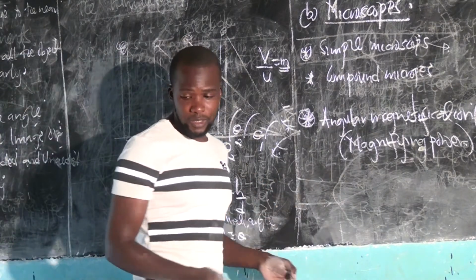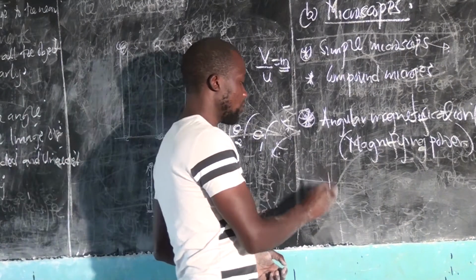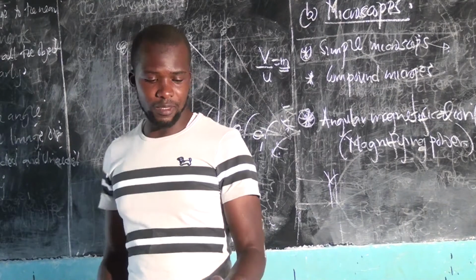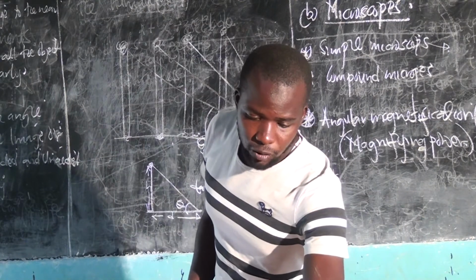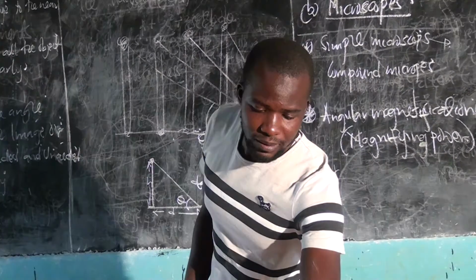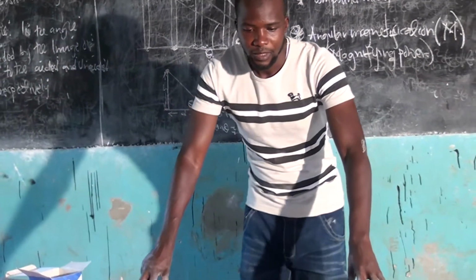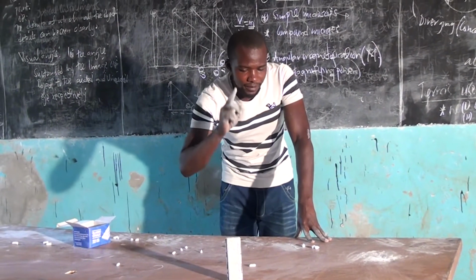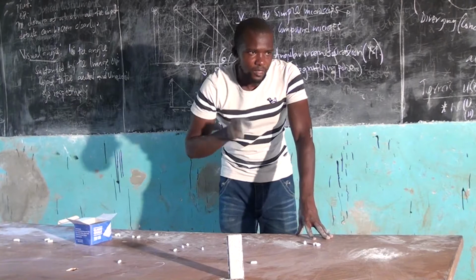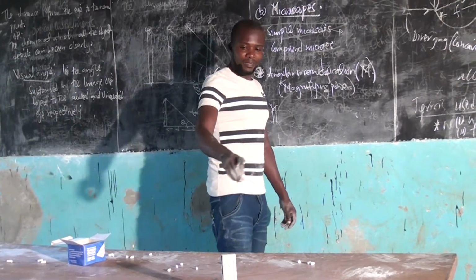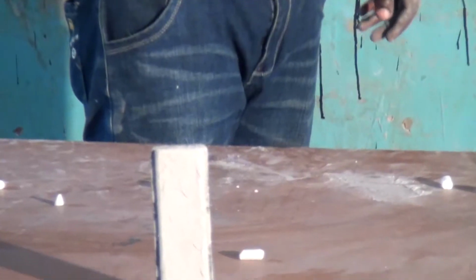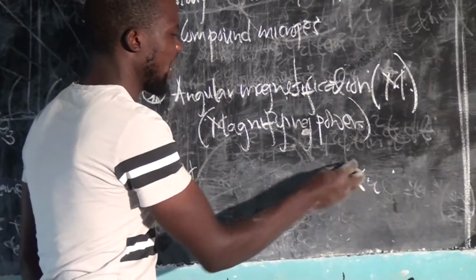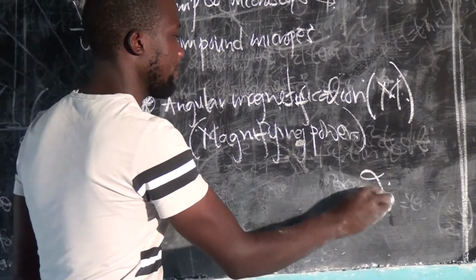I have already defined the visual angle, but if I want to use this object, I want to view this other object like that. This object has an angle it subtends to my eye. Let me name it alpha.